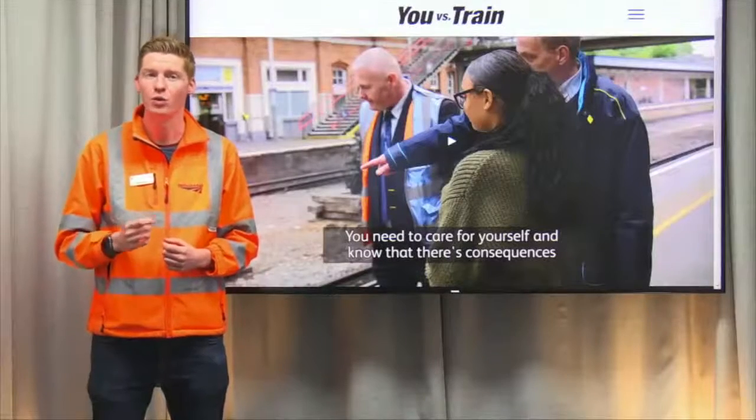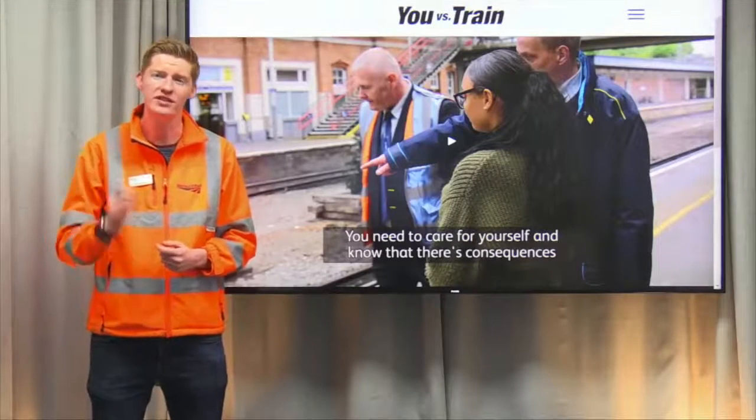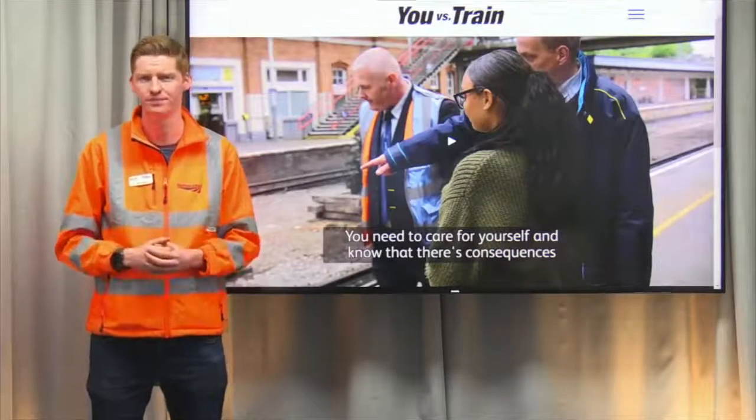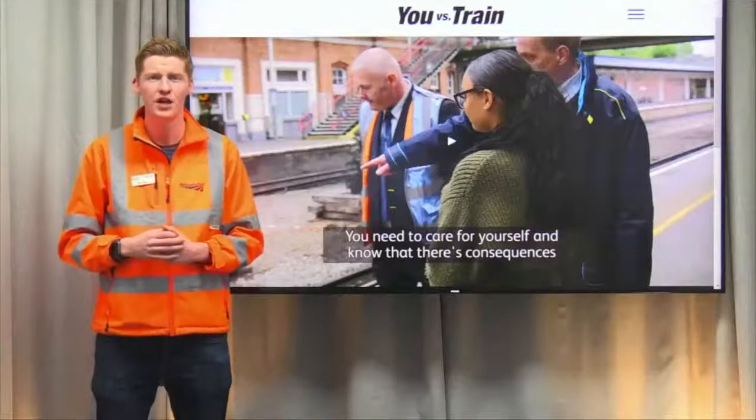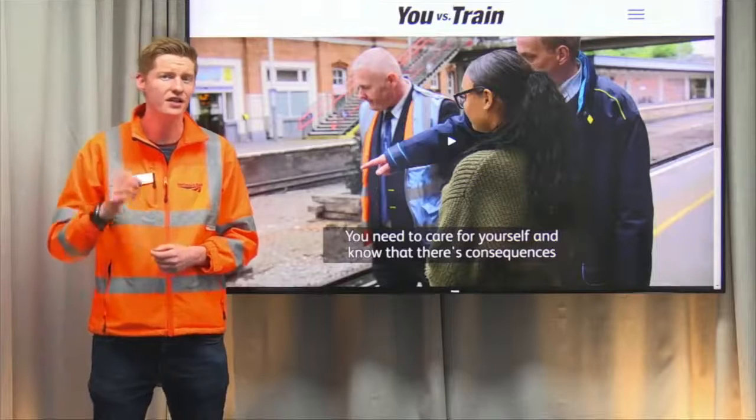The next video we will be showing is Tegan's story, and again, what can happen when you step onto the third rail. She was coming home after spending the day with friends, and she found herself on the wrong platform to catch the train. She ran across the tracks to get onto the other platform, not realising that the third rail was live with those 750 volts of electrical current going through it. Tegan was electrocuted.